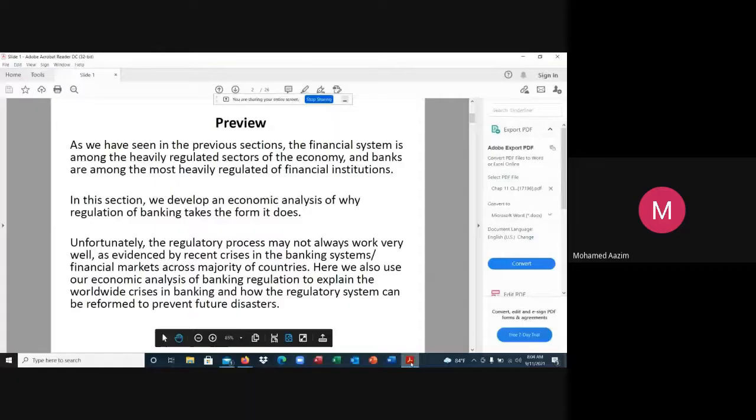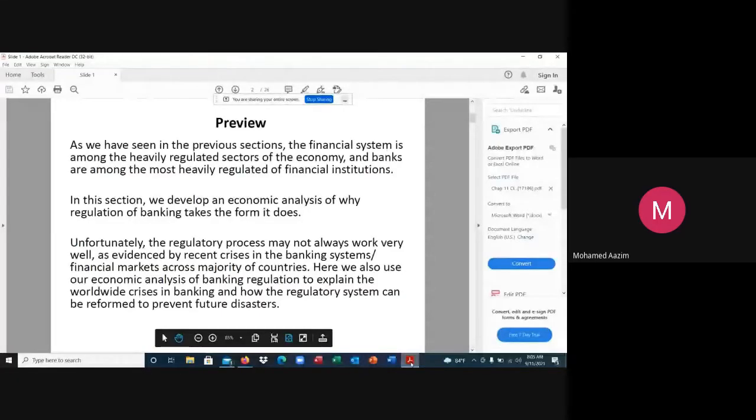This, in spite of all these regulatory arrangements in place, right? So, as evidence that you have seen in recent crises, the banking systems and financial markets across OECD countries, including frontier, developing, and emerging markets, basically the entire globe, had these stresses felt, right?